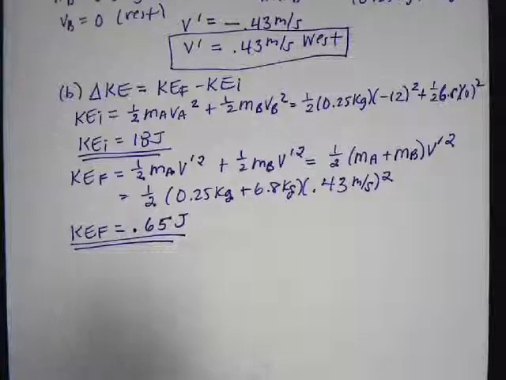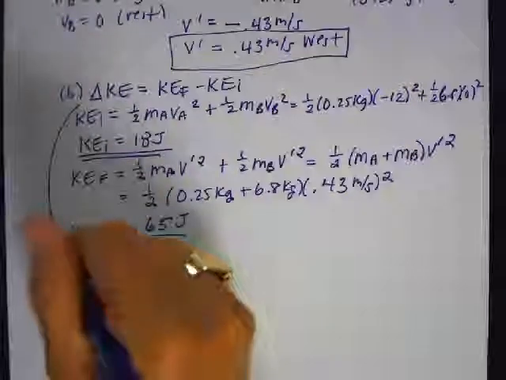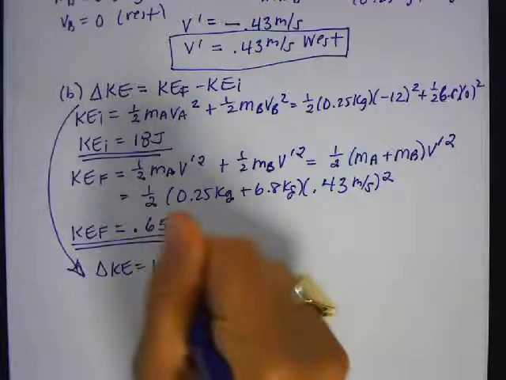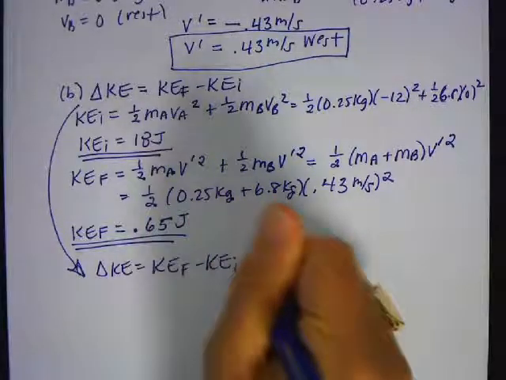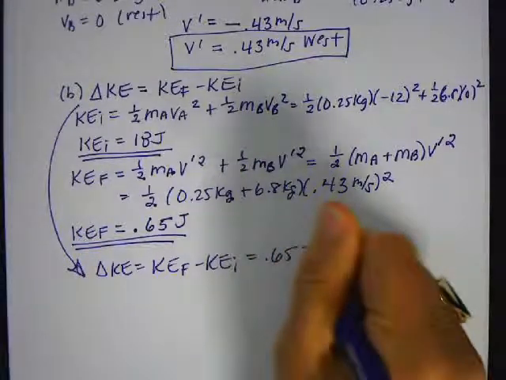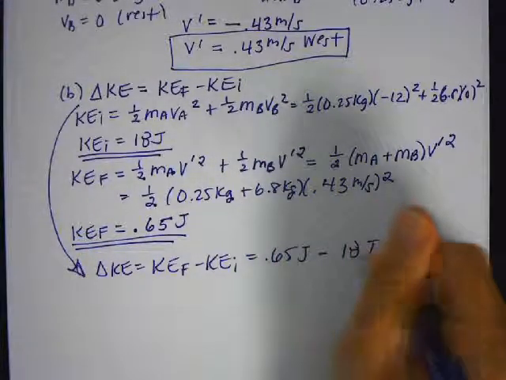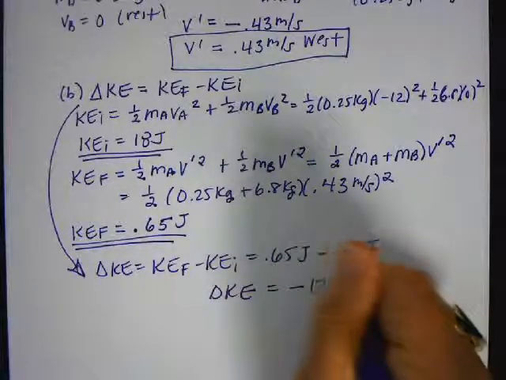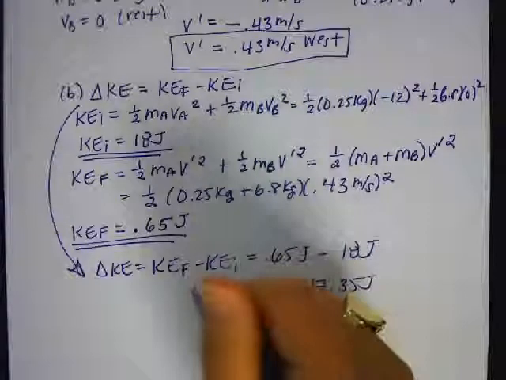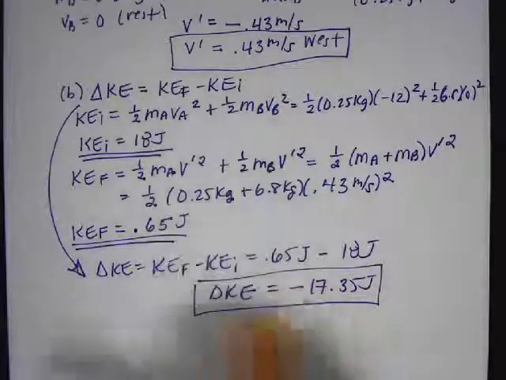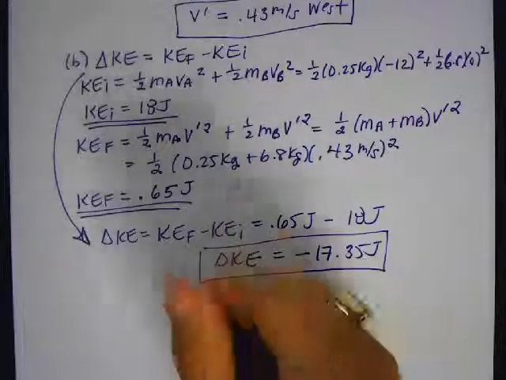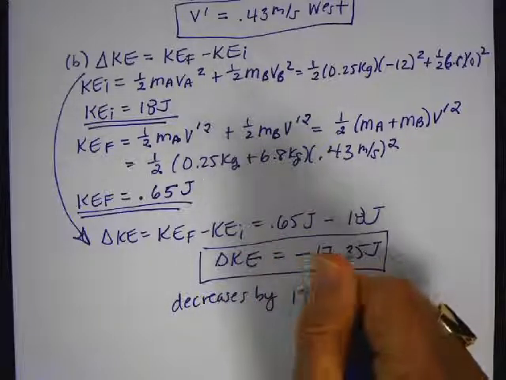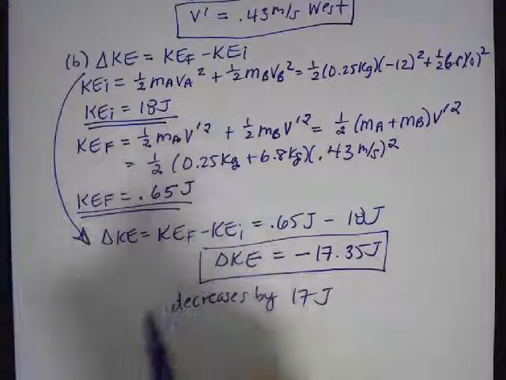And then my last step is I just go back to the beginning and I say delta KE is KEF minus KEI, which would be 0.65 joules minus 18 joules. So delta KE is equal to negative 17.35 joules. So what does the negative sign mean? The negative sign means that it's decreasing by 17 joules because we did two significant figures.